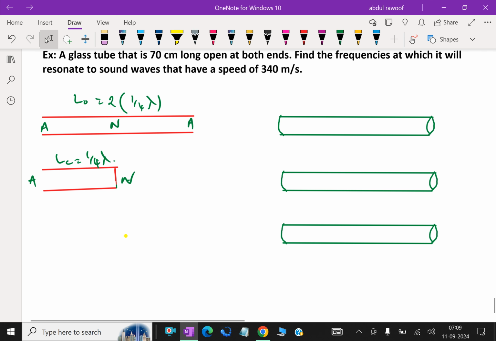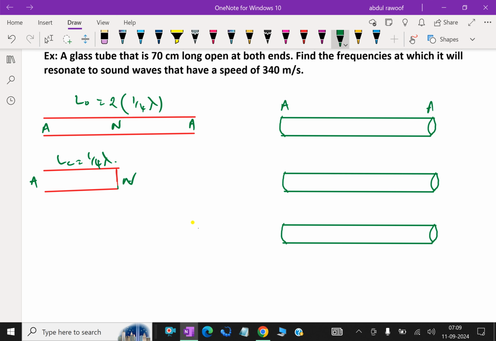Here first, a pipe that is open at both ends must have an antinode at each end. It will therefore resonate like here: antinode, here node.